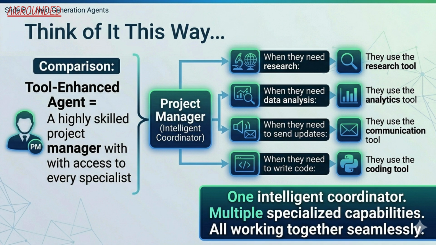When they need code written, they go to the software development team. The project manager doesn't do all these things themselves. They coordinate across specialists intelligently. That is exactly what a tool enhanced agent does. One intelligent coordinator, multiple specialized tools, all working together seamlessly to complete complex tasks.